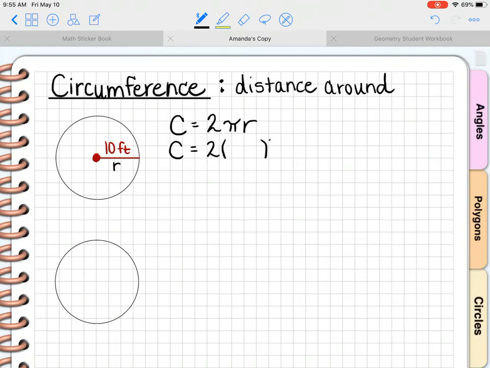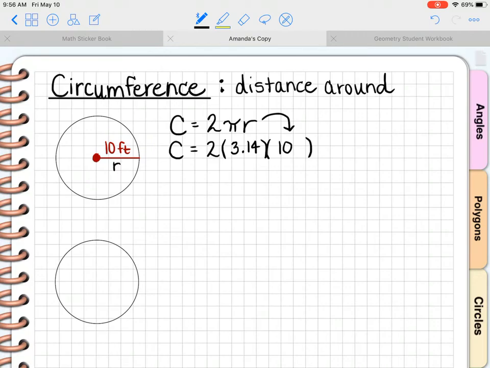Pi is a letter, so we put a pocket there. It's a Greek letter, but it's still a letter. And remember from the last video, we're using 3.14 for pi. And then the radius of my circle, of my garden, is 10 feet.